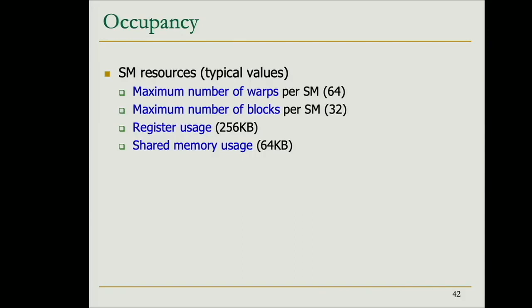If in my program's execution configuration I launch 200 thread blocks, I can only have 8, and then 8, and then 8. For sure, the GPU has a very smart thread scheduler, and as soon as one of these thread blocks completes its execution, there is a free slot, and the thread scheduler is going to put there and start running a new block, right? And that's how it's going to work.